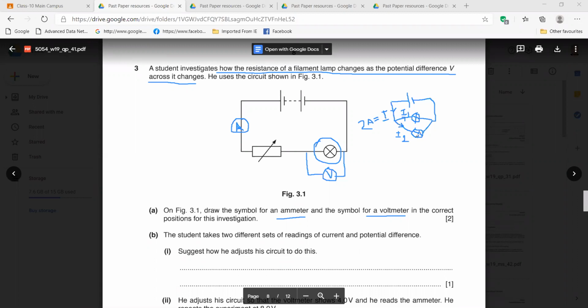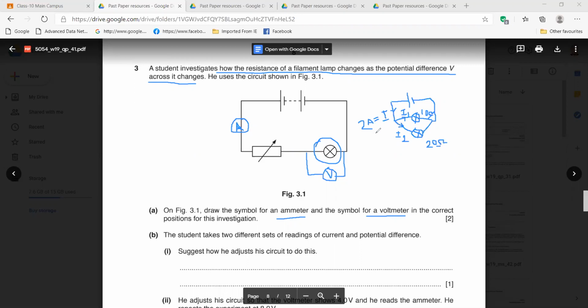Clear? If, for example, this one is 10 ohms and the other one is a different 20 ohms, then the current will be shared with that ratio. Here we have double, right?